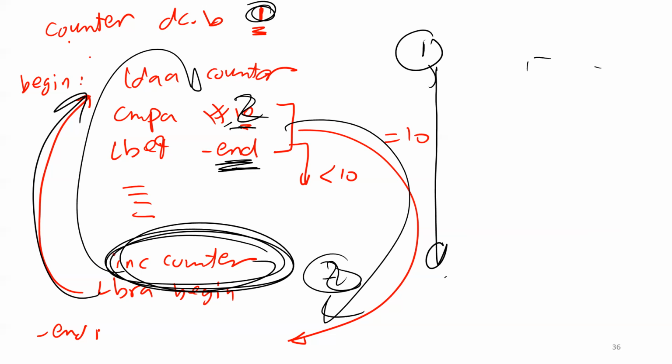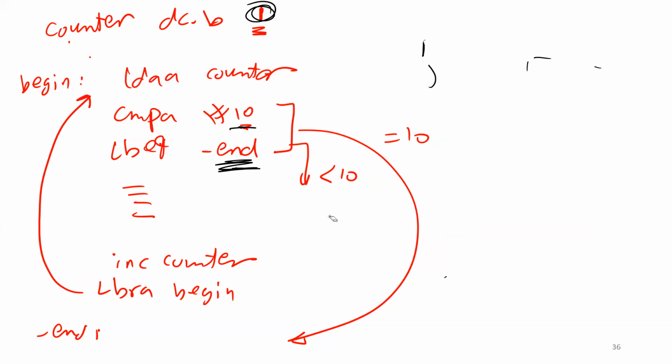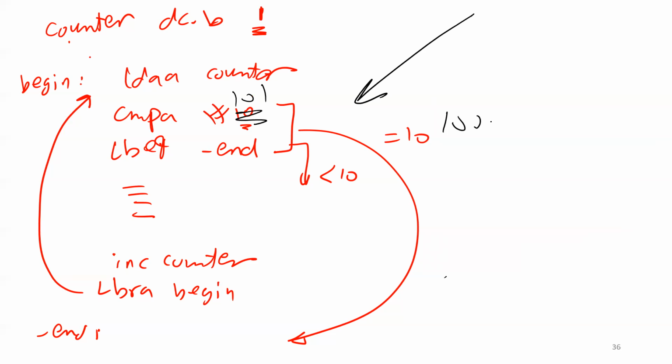So for example, I told you you can make a for loop like this one, and you can put here, for example, 101. I told you 101, you are going to make 100 iterations.